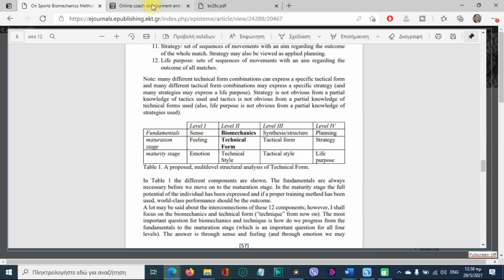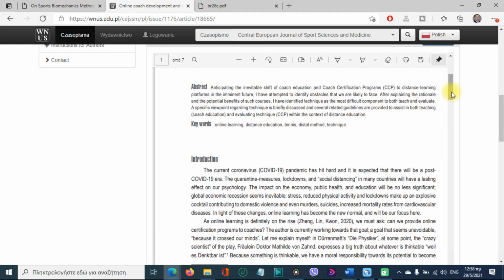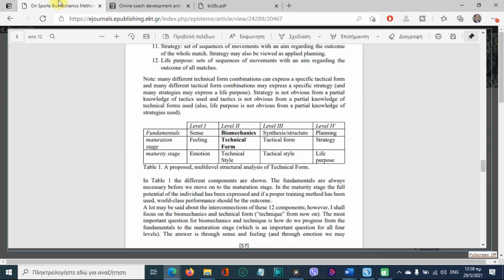And in the next paper, I argue that we should start from here if we are to create a coach development program, if we have to transmit our knowledge to other people, because this is universal. Biomechanics is universal, okay, and so on and so forth.